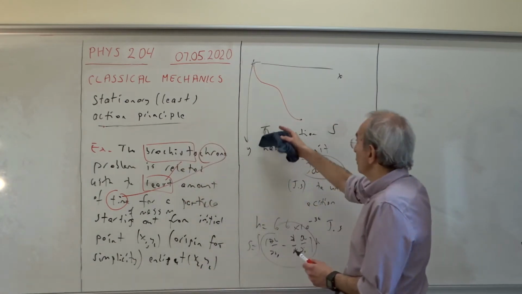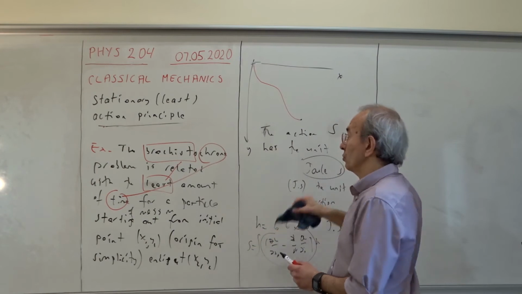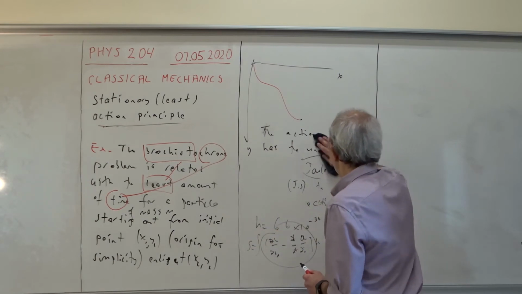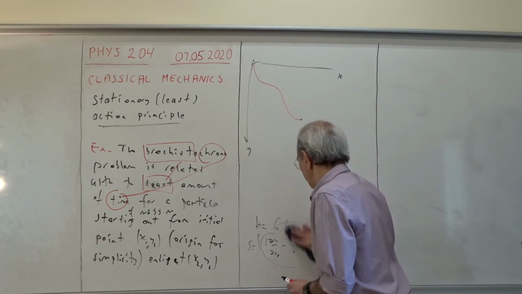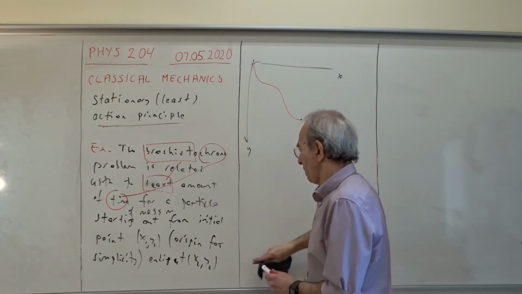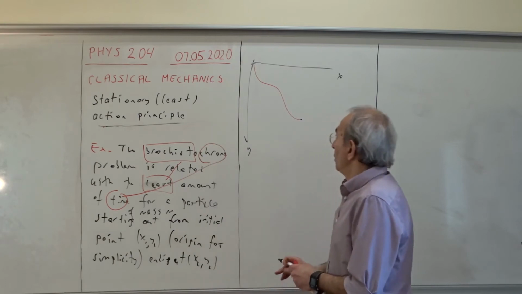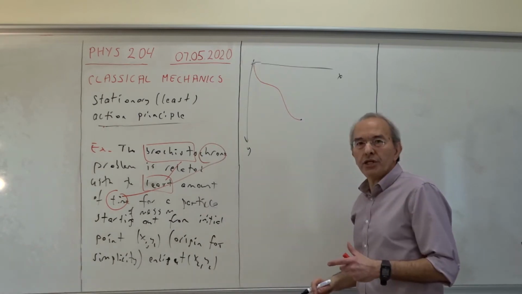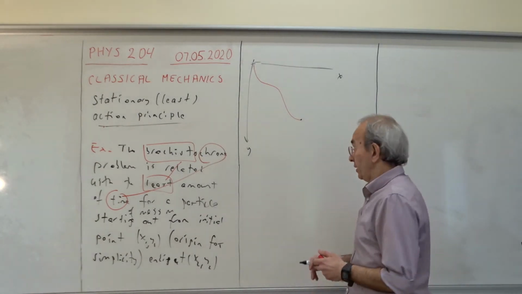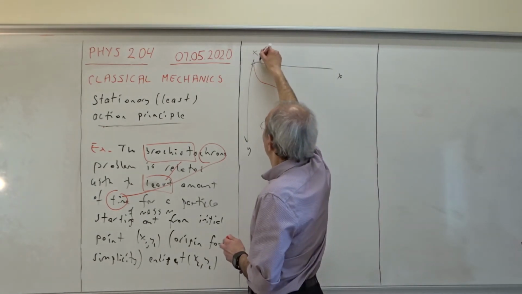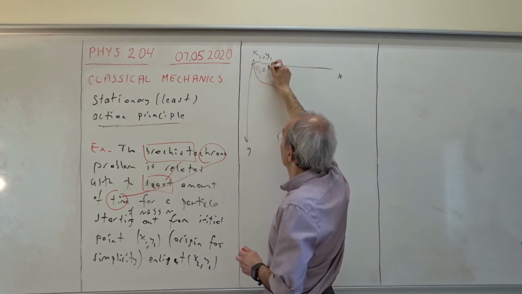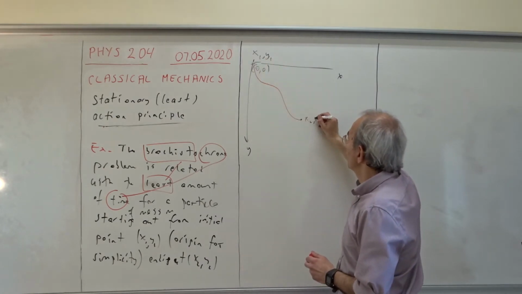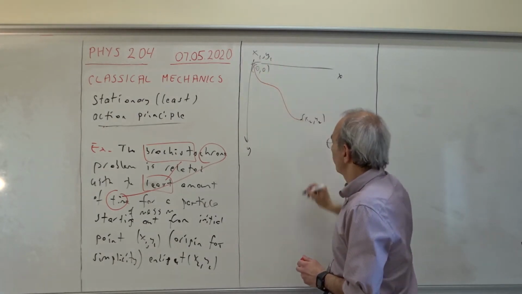So let's come back to the case of the Brachistochrone problem. What about the energy of the object at the beginning? x1, y1 is 0, 0, and this is called x2, y2.